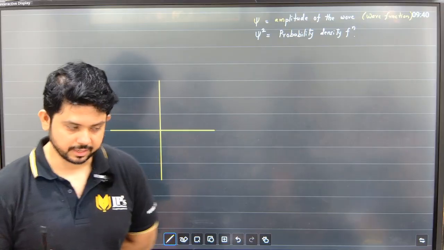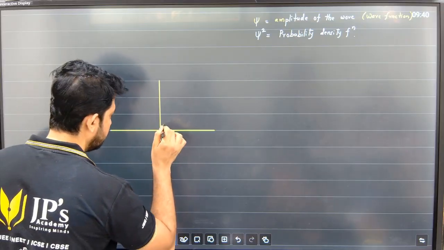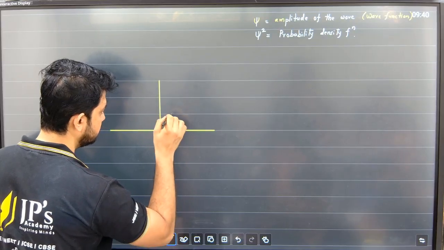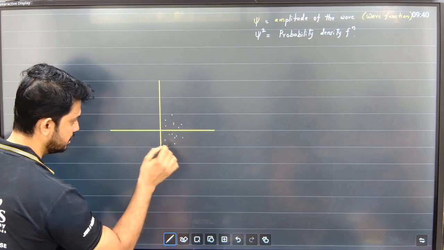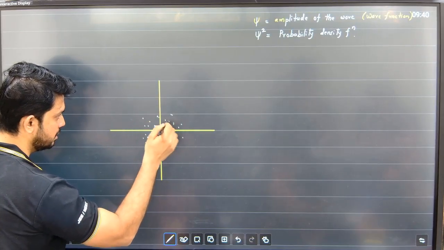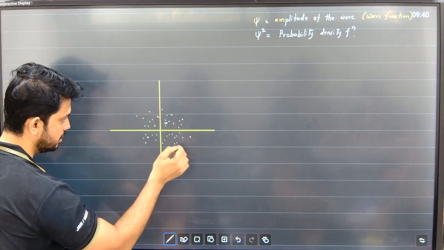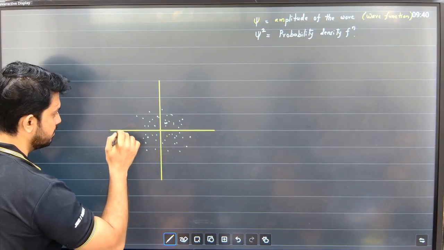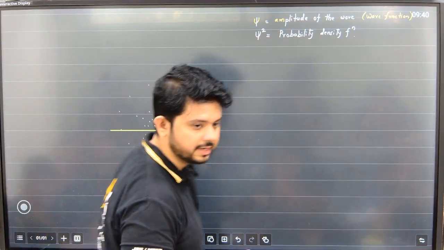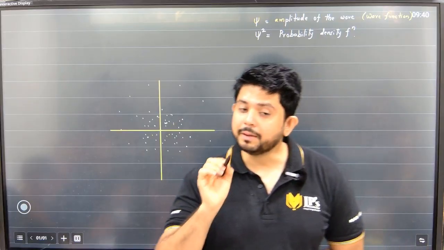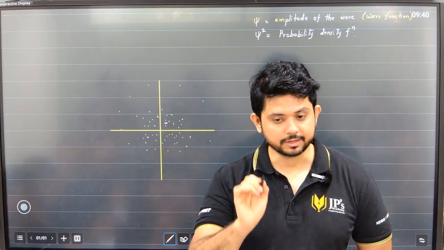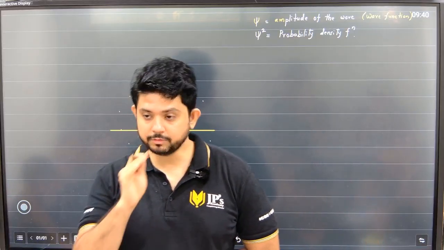When this was solved mathematically, every dot that you see is the probability that वहां पे कौन present था? Electron.